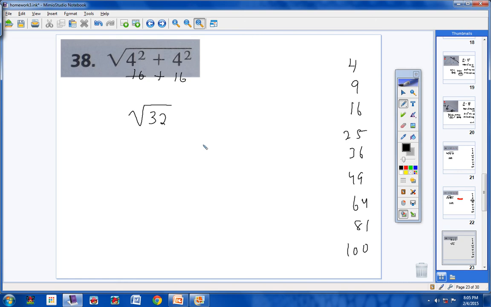Now, do you see any numbers over here that will go into 32 evenly? Well, 4 does. So I'm going to write 4 times 8.